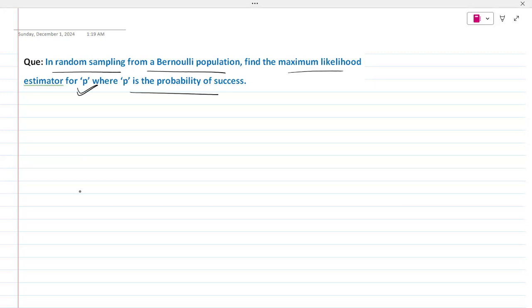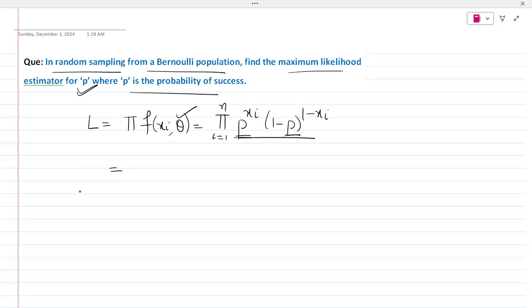So here L is nothing but the product of f(xi, theta), which is the product of p^xi (1 minus p)^(1 minus xi), i from 1 to n. Our theta here is p, and this is the probability mass function of the Bernoulli distribution.